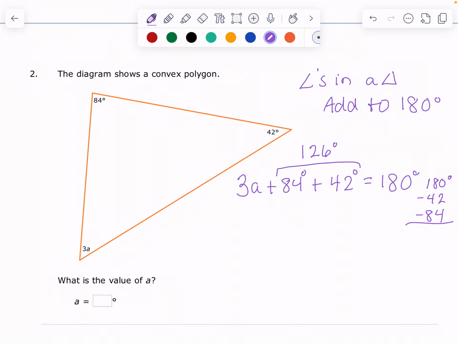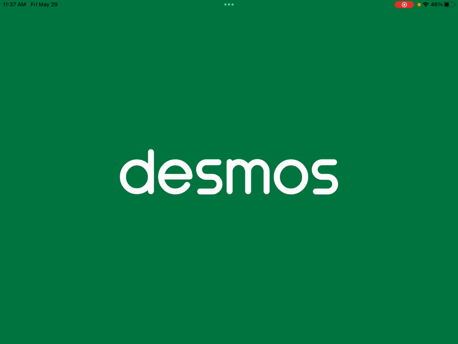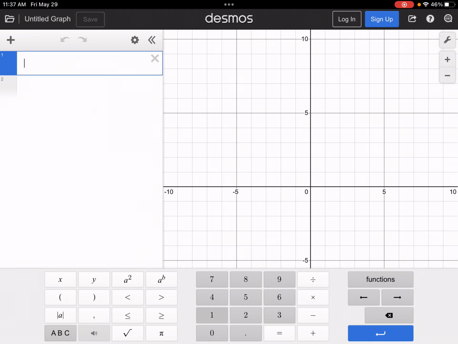I'm doing it by hand because I don't want to have to switch. Actually, I can switch. 180 subtract 126. See, it takes a long time. This is why I don't like to switch. So 180 subtract 126 is 54.